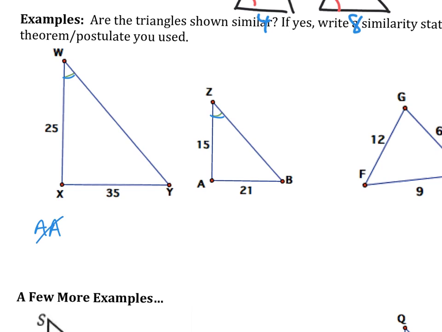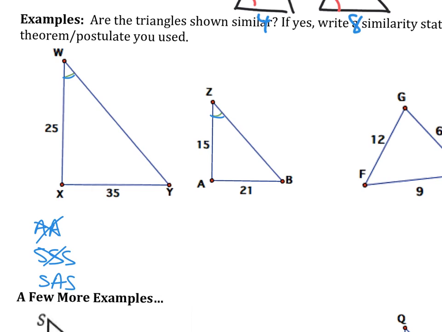No? So that's out. Side, side, side: do I know the value of all three sides, or can I figure out the value of all three sides? Pythagorean theorem. But if I'm going to use the Pythagorean theorem, I have to have right angles. Do we know we have right angles? No, we do not. So can I use side, side, side? No. So that's out.